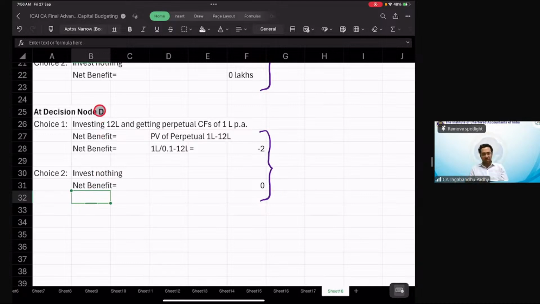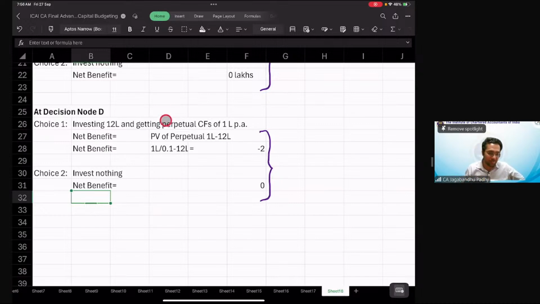When you are, suppose, at node D, are you going to make an investment of 12 lakh or are you going to just eat 5-star? Will you eat 5-star or will you invest 12 lakh? So 5-star, do nothing, right?